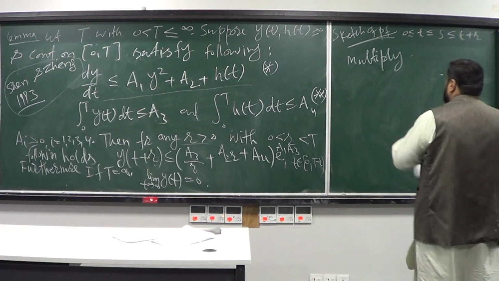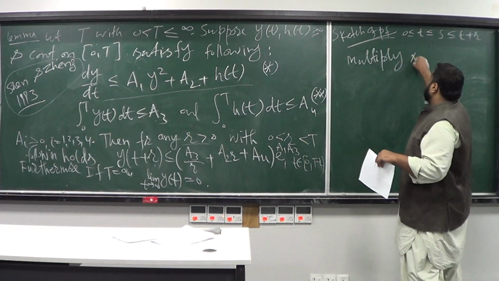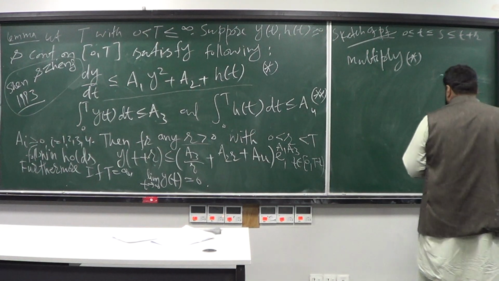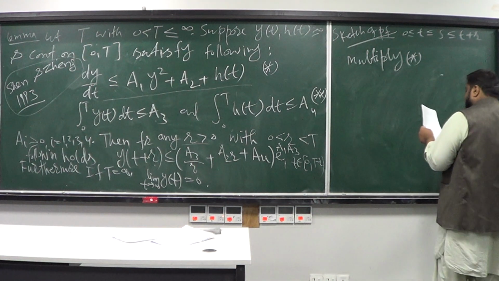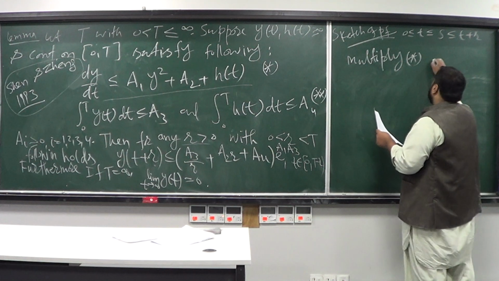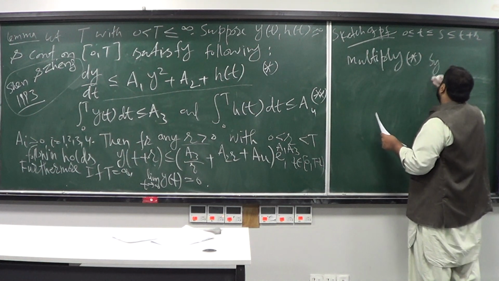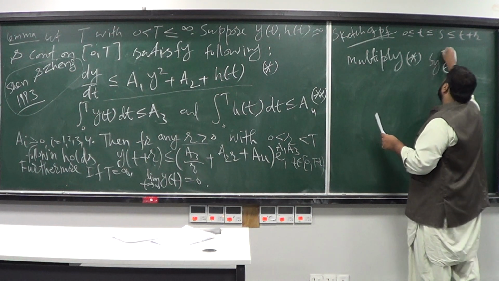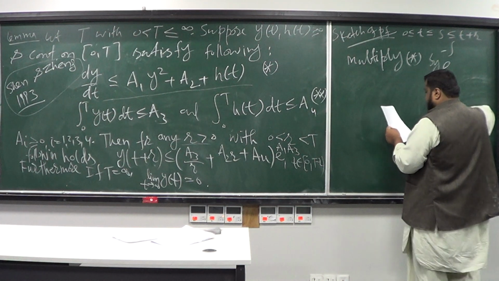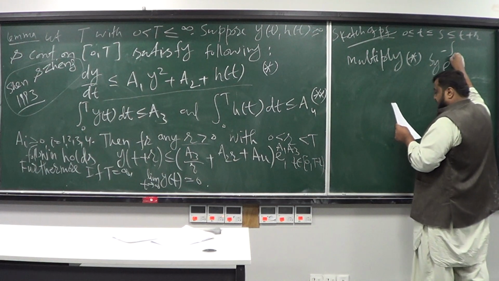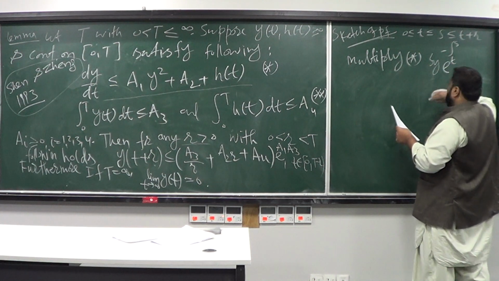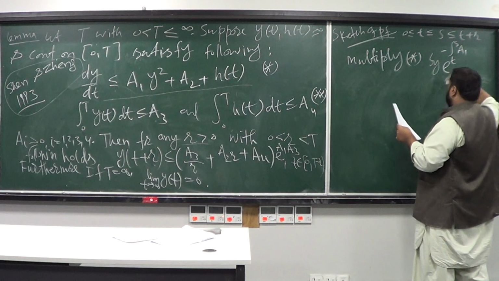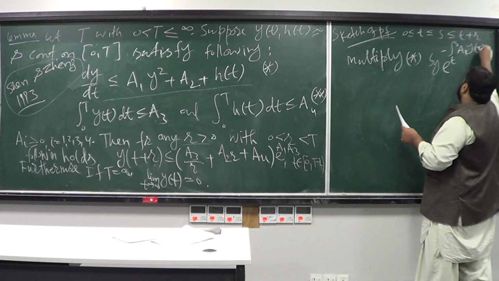Okay. Multiply star by an exponential factor. So this is like an integrating factor. By a function e raised to negative integral from t to s of a1, which is fixed, y of tau d tau.